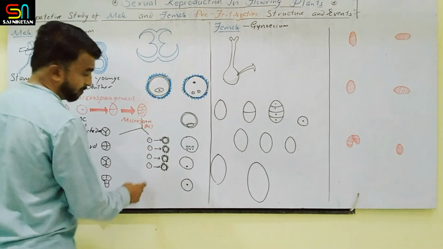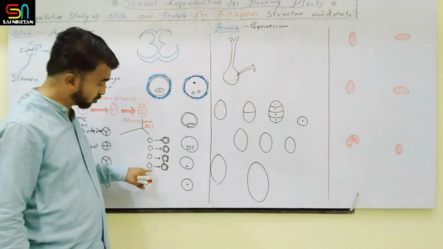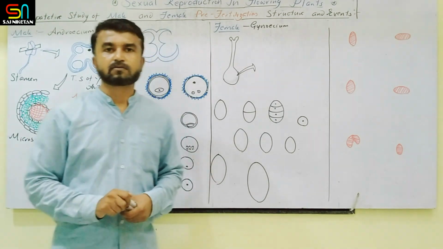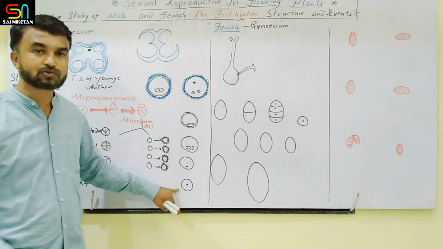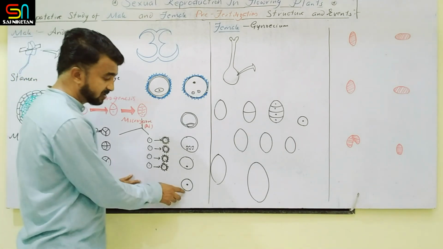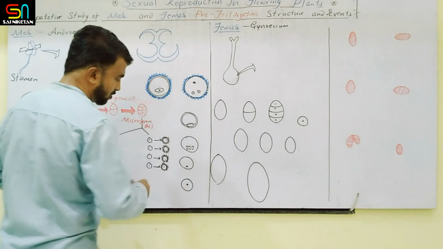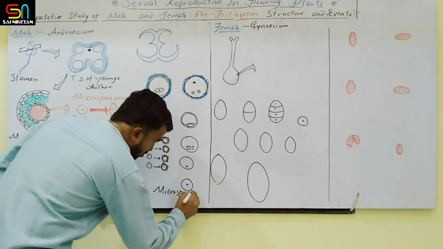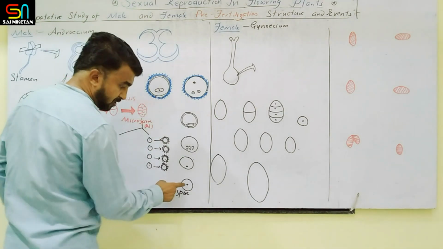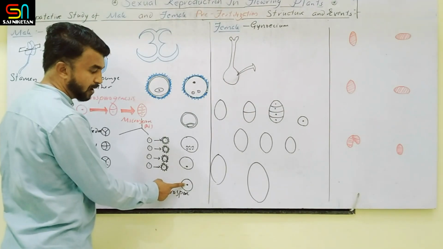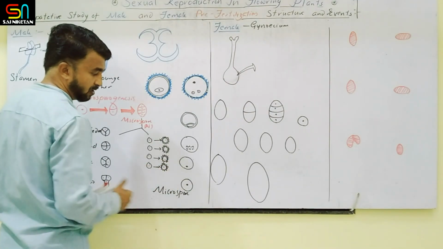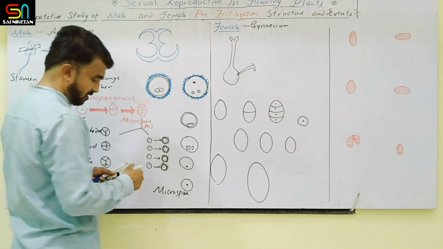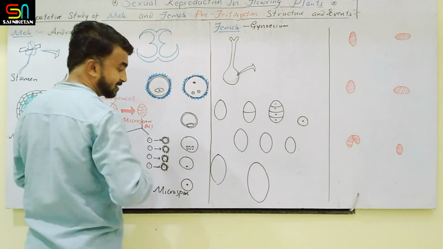Now next, the pollen grain development. How the microspore develops into a pollen grain is given as a figure-based explanation, but the actual explanation is missing. This is a microspore. The nucleus is initially present toward the center. Now the nucleus of the microspore moves toward the periphery due to the formation of asymmetrical spindles.